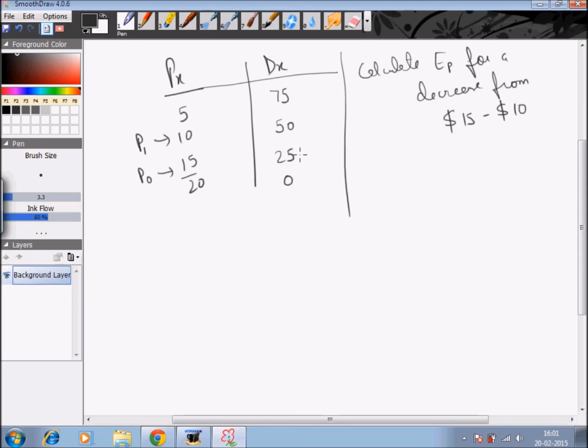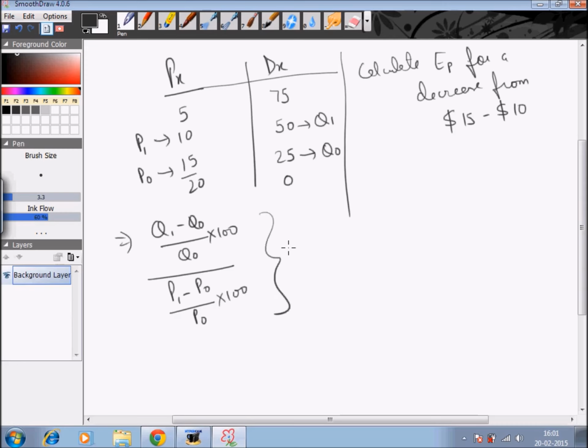Now the quantity demanded was initially 25 and when the price has fallen from 15 to 10, the quantity demanded has increased from 25 to 50. So 50 is our final quantity demanded. Substituting the values, we get Q1 minus Q0 upon Q0 into 100 divided by P1 minus P0 upon P0 into 100.